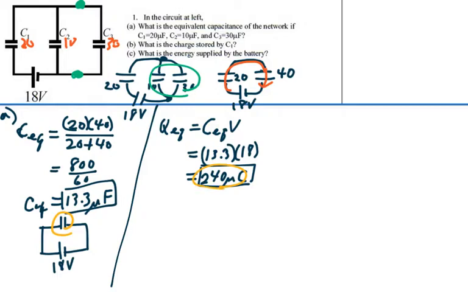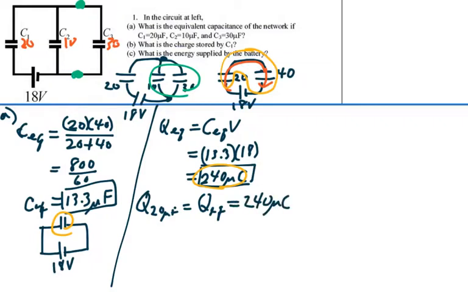But we do know that things in series have the same charge, and they have the same charge as their equivalent device. So the series combination of the 20 and the 40 right here, those two capacitors will have the same charge as their equivalent capacitance, and hence the charge on the 20 microfarads will be equal to the charge on the equivalent capacitance of that series combination, which is 240 microcoulombs.